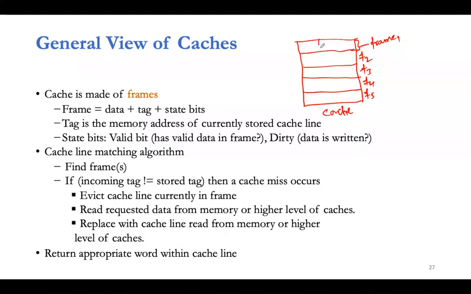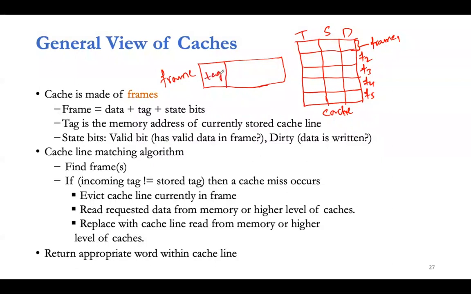Every frame has three fields. The first field is the tag field, the second is the status bit field, and the third is the data field. Let me draw this again. This is one frame. The first field is the tag.